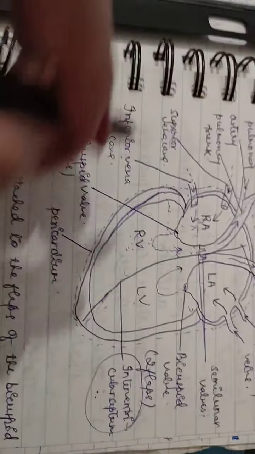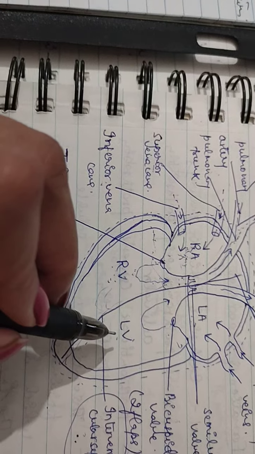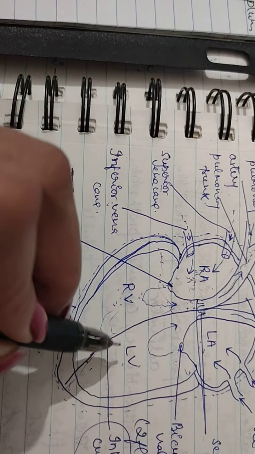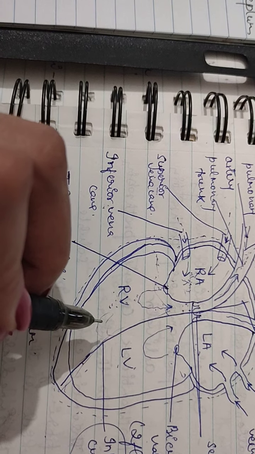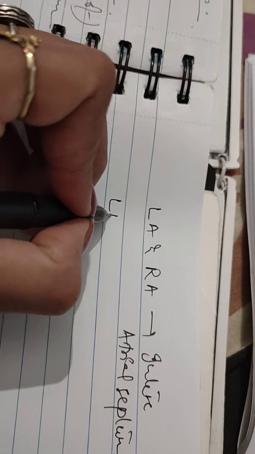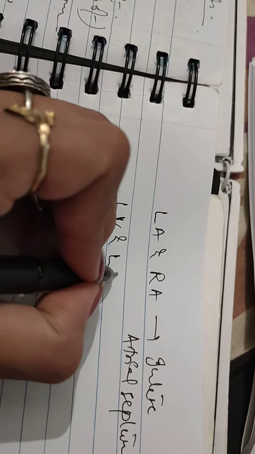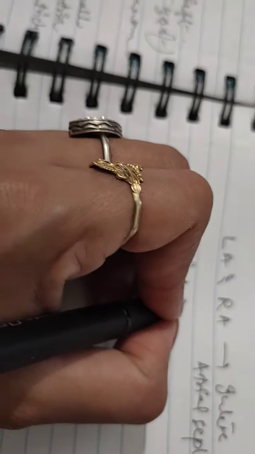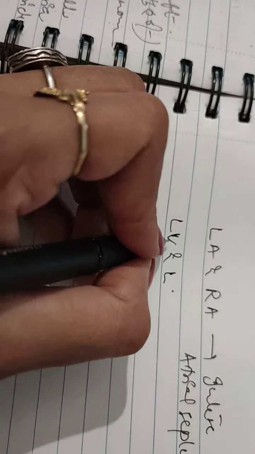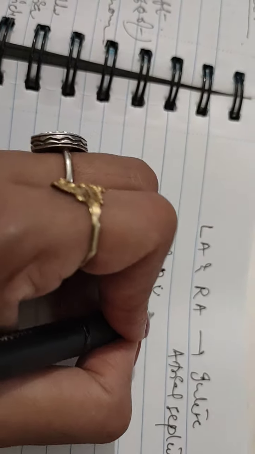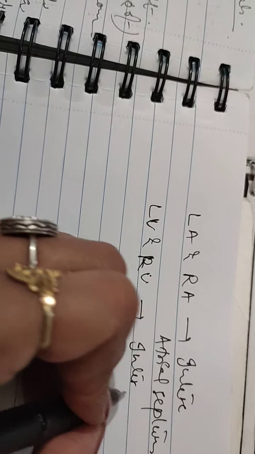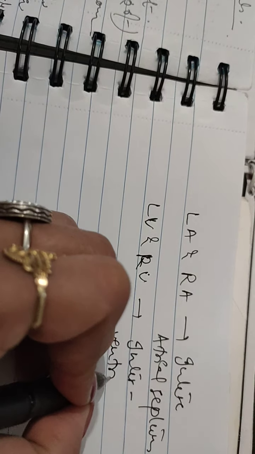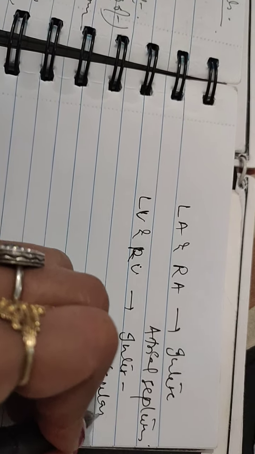Then the left ventricle and right ventricle are separated by the interventricular septum.